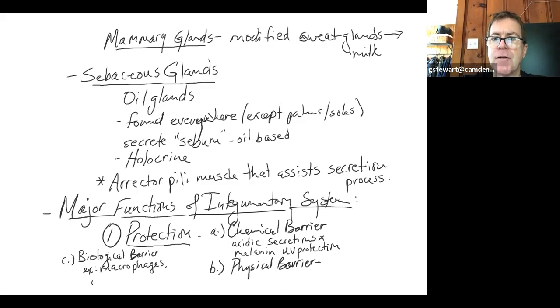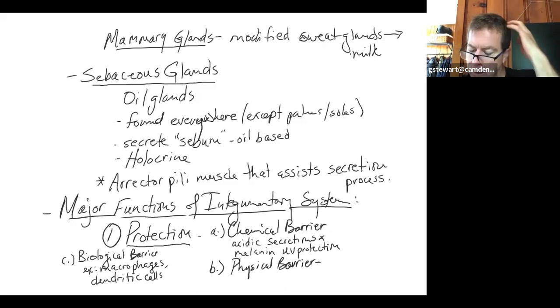Macrophages, dendritic cells, they're both immune fighting cells that fight infection. And also, our DNA can convert UV radiation into heat. So electrons in the DNA can actually convert UV radiation into heat, but mostly it's these immune cells that provide a biological barrier. So that's number 1, protection.